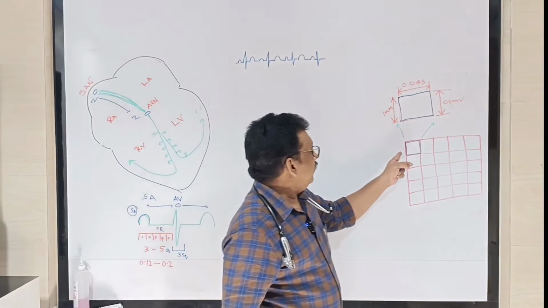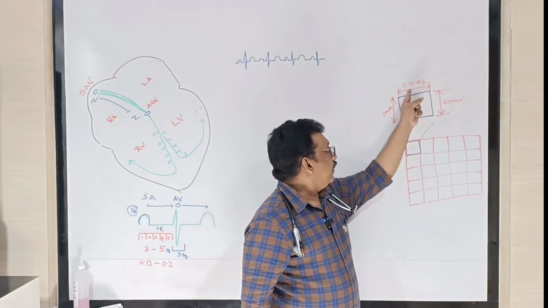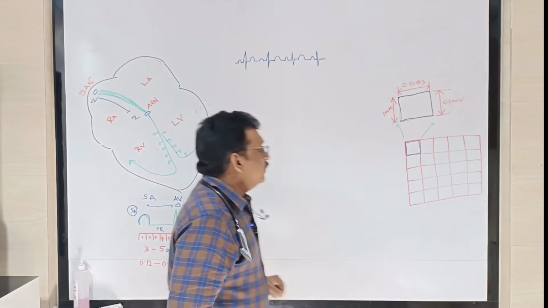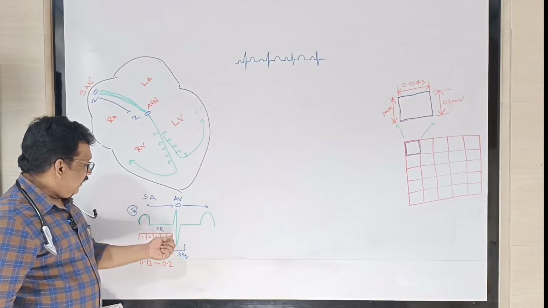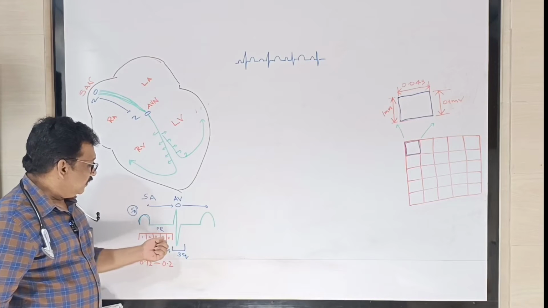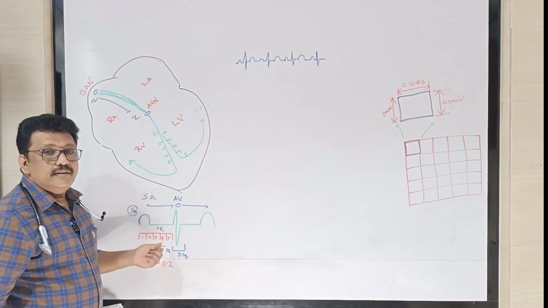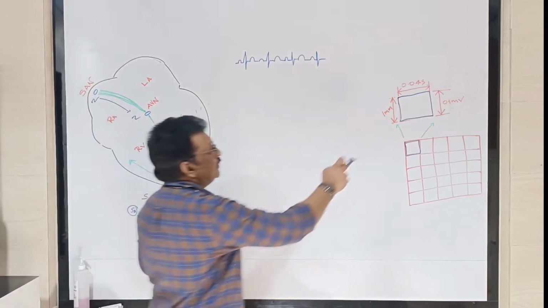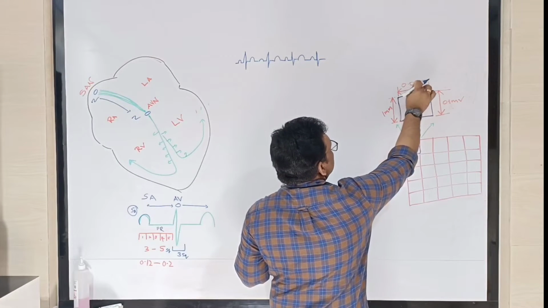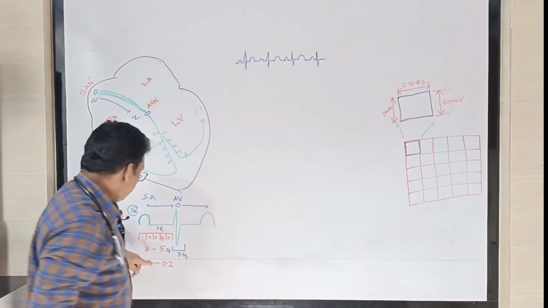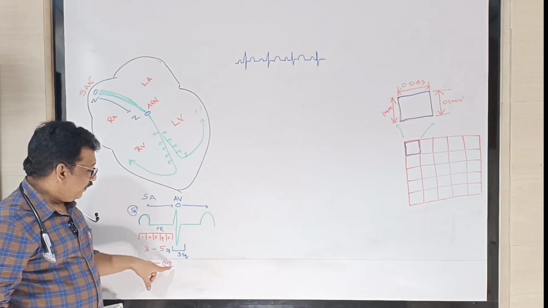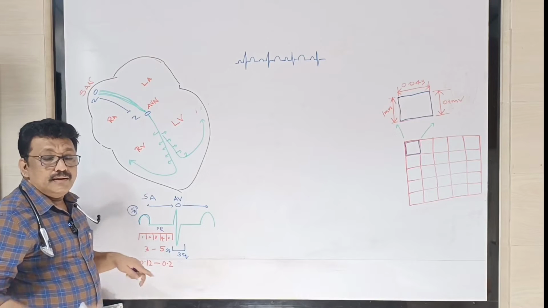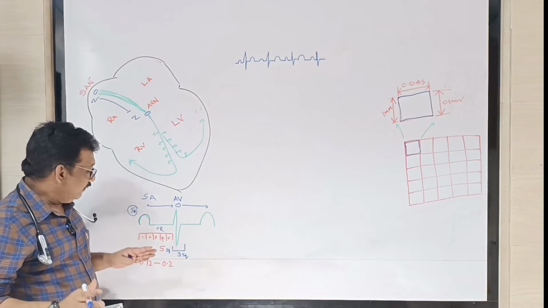So we can see here the PR interval is a maximum of 3 to 5 small squares. Each small square is 0.04 second, so 3 to 5 squares means 0.12 to 0.2 seconds.